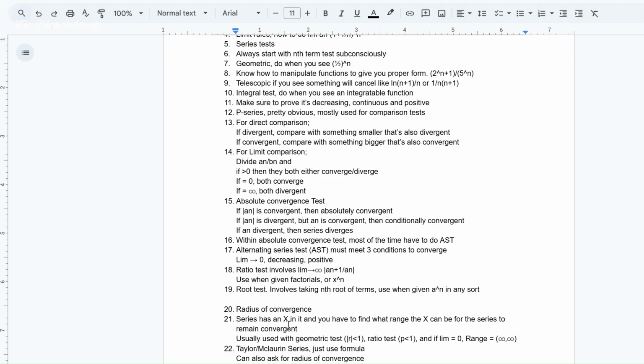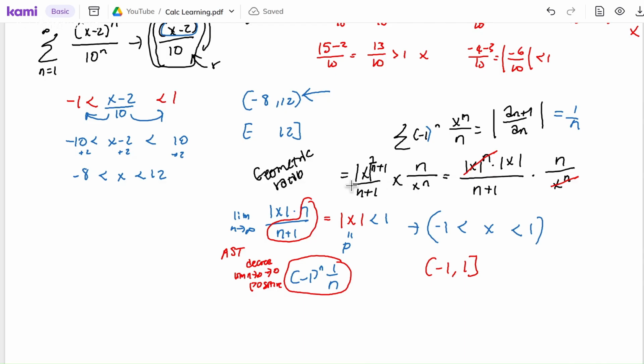So next up, the series has an x in it. That's the radius of convergence. Usually used with geometric tests, like I said, ratio test. And one thing is, if I did this and, instead of the absolute value of x, let's say this gave me 0 instead.